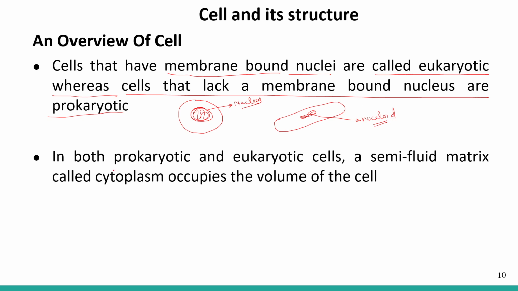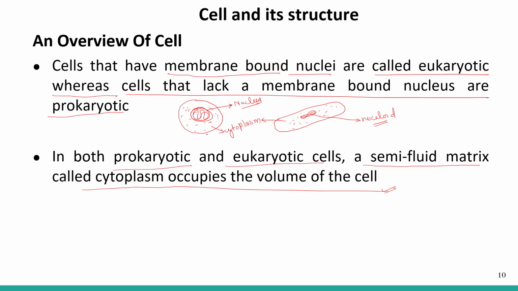In both prokaryotic and eukaryotic cells, a semi-fluid matrix called cytoplasm occupies the volume of the cell. So the cell is composed of a semi-fluid matrix, whether it is a prokaryotic cell or a eukaryotic cell. This semi-fluid matrix is called cytoplasm.